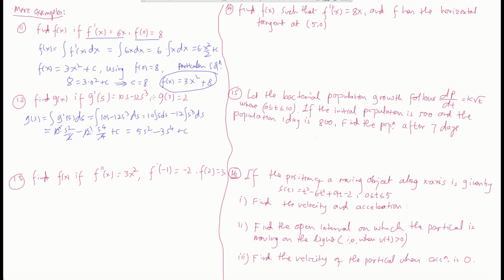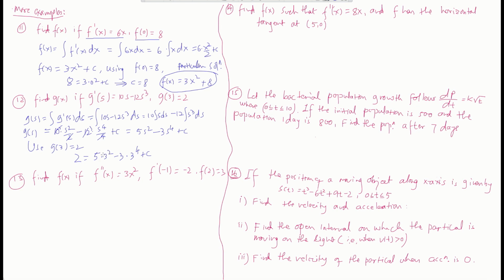Okay, but I want to use that g(3) equals 2. Replace s by 3 in g(s), and you'll get 2 equals g(3). g(3) will be 5 times 3 squared minus 3 times 3 to the 4th plus c. If you simplify, 3 squared is 9, times 5 is 45.